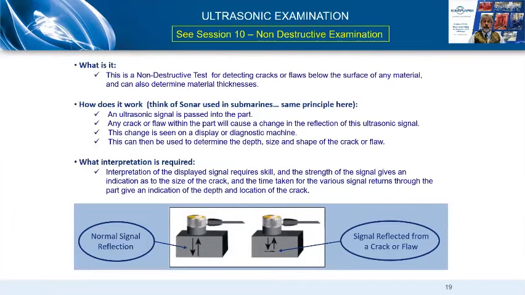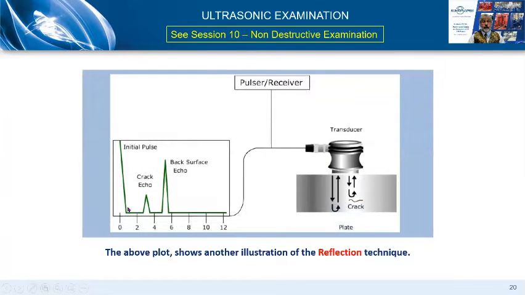UTE will detect flaws deep in the material. The ultrasound will bounce off a crack or flaw and will show on the analyzer. So here you see it bouncing off a crack, and again off the rear surface of the part.